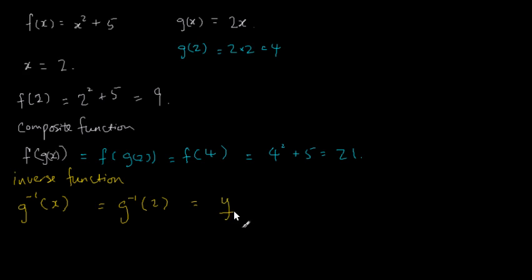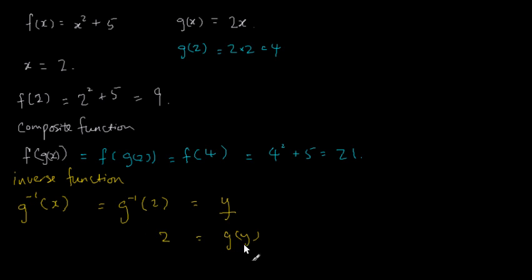So what this means is that this value is the value which will give the answer 2 for the function g. That's what this means. It's a bit like we bring the g over to the other side, a bit like what we do in algebra for the inverse of a number. So in that sense, it's an inverse function.